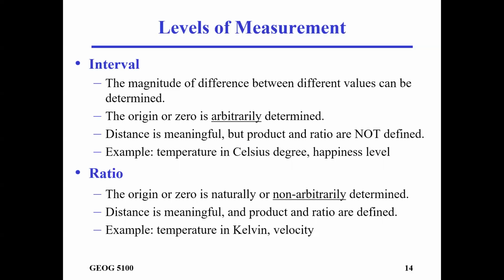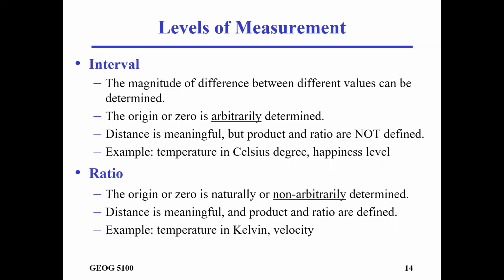Let's talk about temperature in Celsius degree or Fahrenheit. Let's say for a specific day, city A's temperature is 20 Celsius degree. City B's temperature is 10 Celsius degree. You can see that the difference of temperature between these two cities is 10 Celsius degree, which means difference or distance is meaningful between these two values.